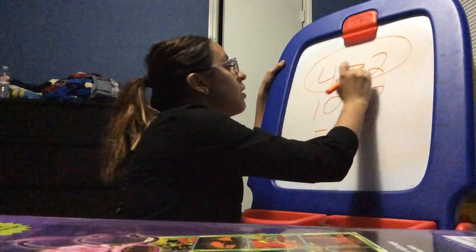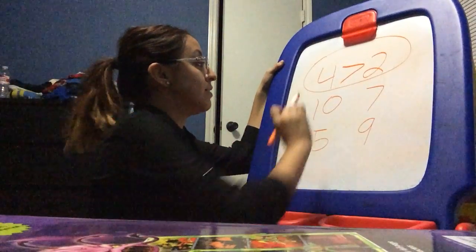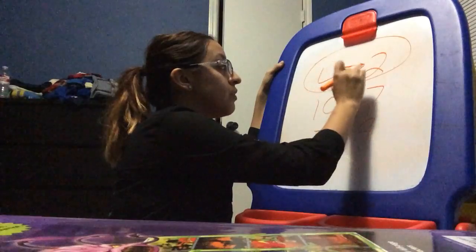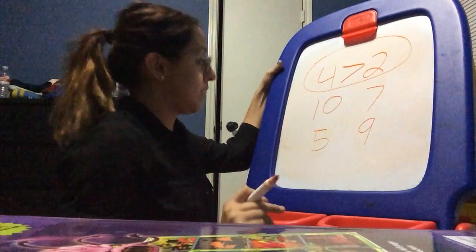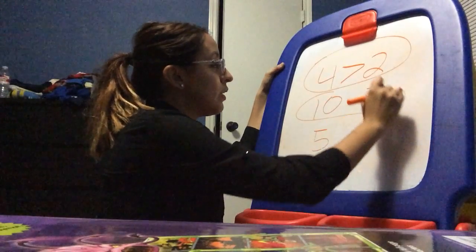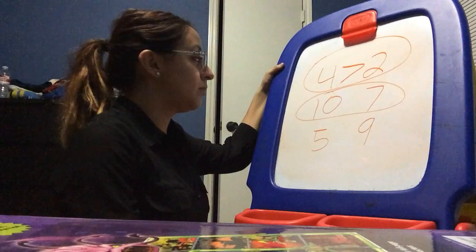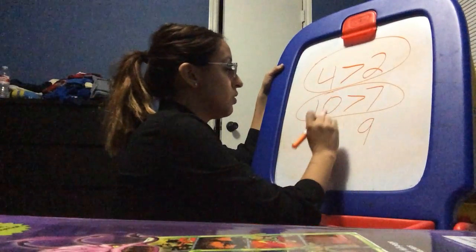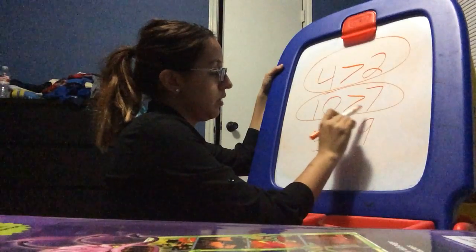So the crocodile mouth would be open to the 4. And the way we would say this is 4 is greater than 2 when you're describing the numbers, okay? So what about 2 and 7? Which number is bigger? 10. 10, good job. So how would we say this? 10 is bigger than 6.